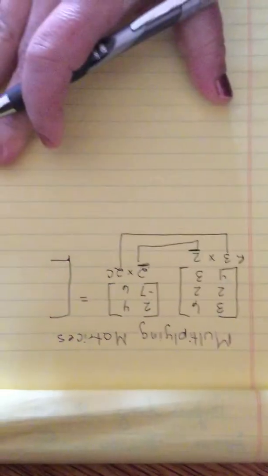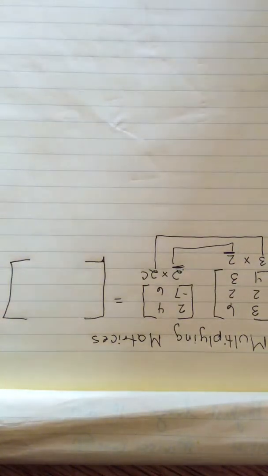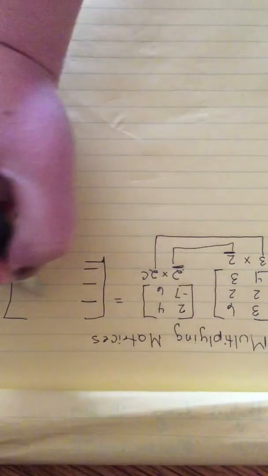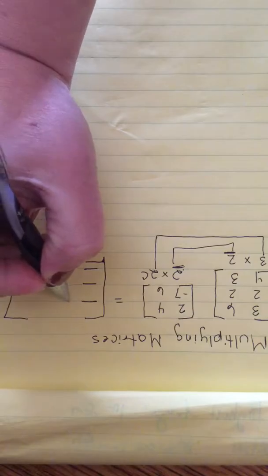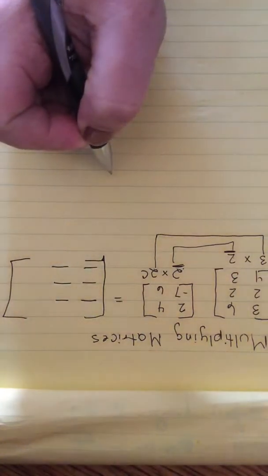Okay, and since we also know about the dimensions and the elements of a matrix, I'm just going to set this up since I know this is supposed to be a 3 row by 2 column. That's going to be my answer matrix.